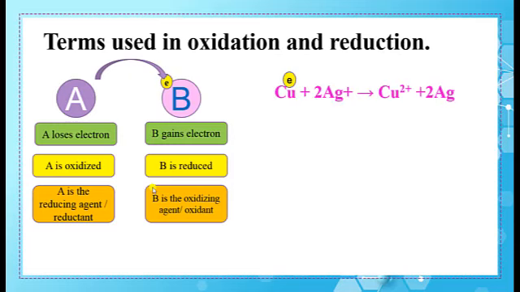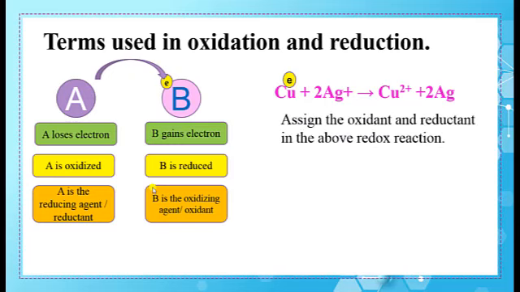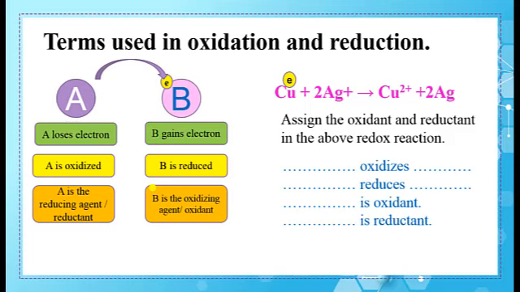Another example. Here we have a reaction between copper and silver ions. Cu plus 2Ag+ gives Cu2+ plus 2Ag. The question is to assign the oxidant and the reductant in the above redox reaction. First, the electrons will move from Cu to Ag+. Since electrons move from Cu to Ag+, we can say that Cu loses electrons, then it undergoes oxidation.